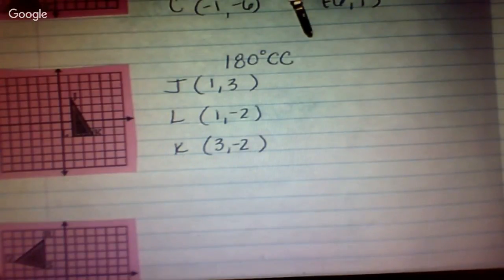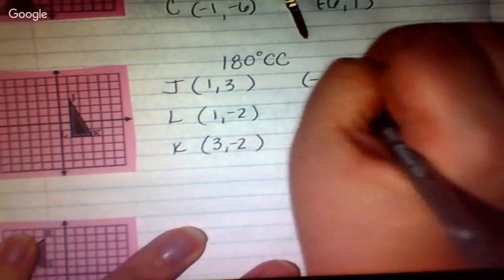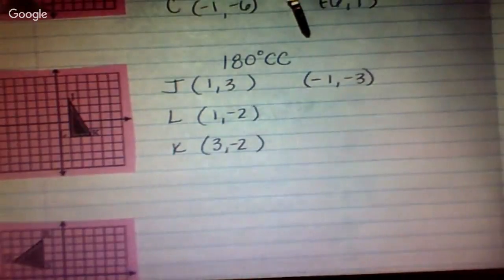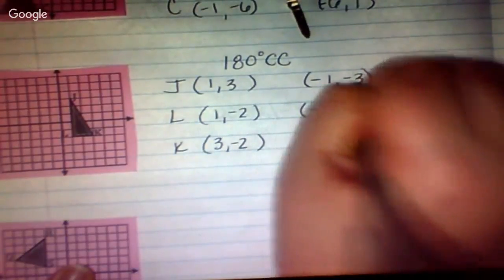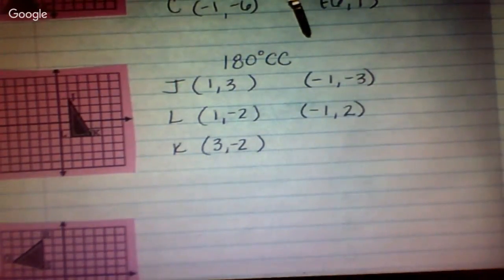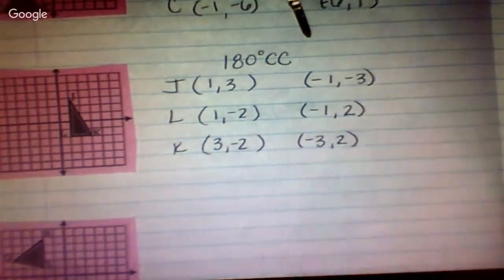Negatives become positive. Your numbers stay in the same position. So this point becomes (-1, -3). They both started positive. They both become negative. This one becomes (-1, 2). And this becomes (-3, 2).